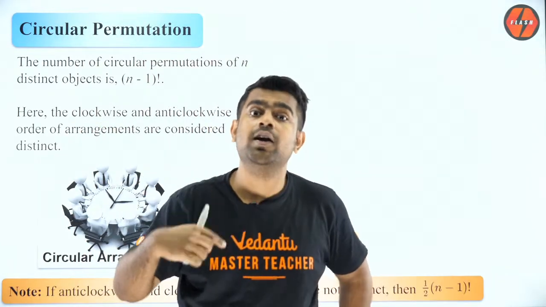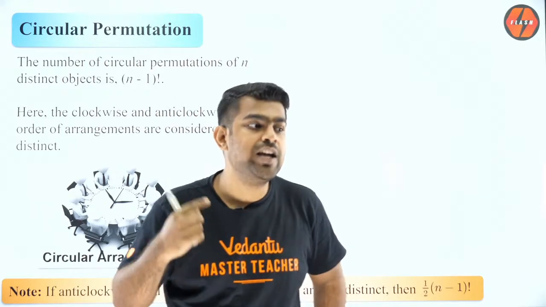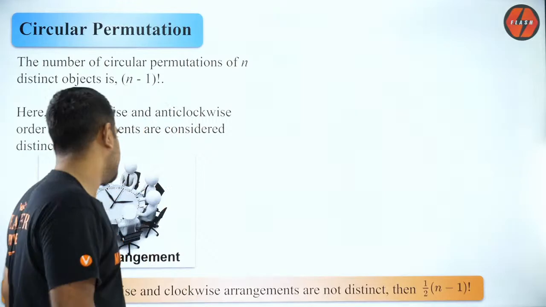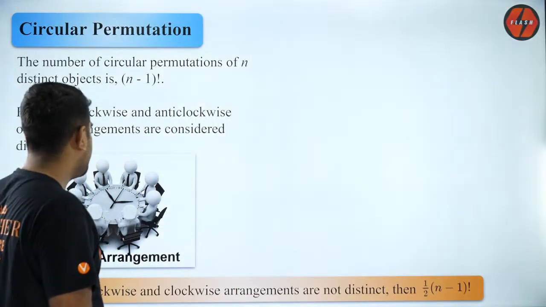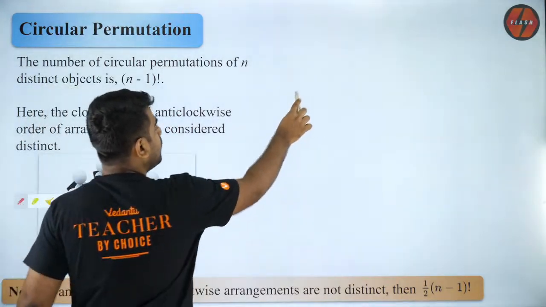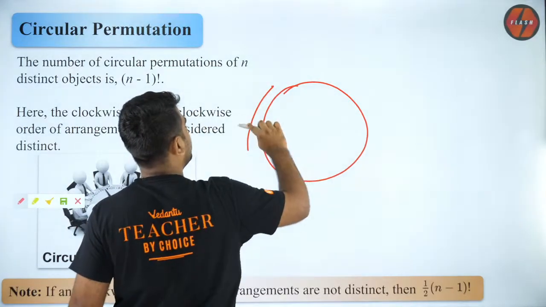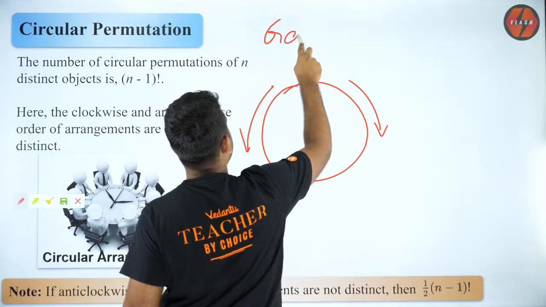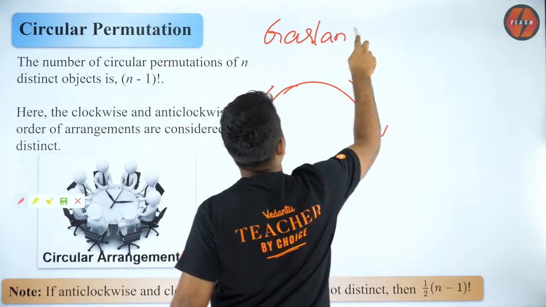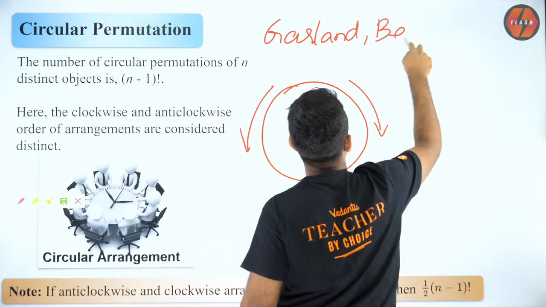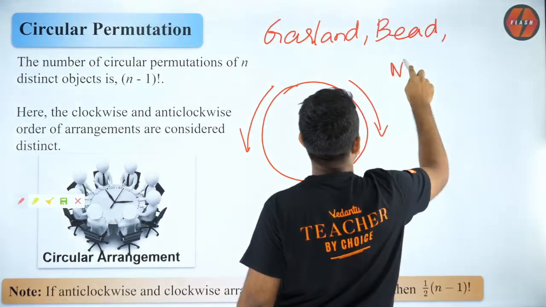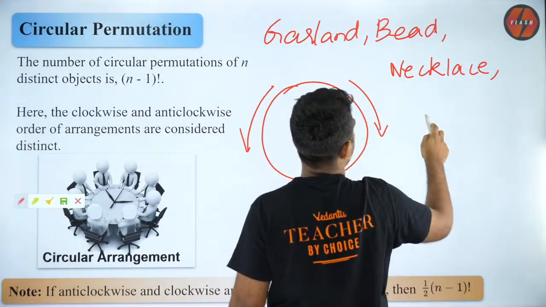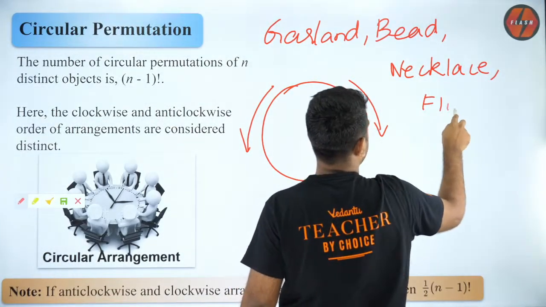But now, here also there is a twist. What is the twist? The twist is you can have clockwise and anti-clockwise arrangements to be the same. That can happen in the case of a garland, a bead, a necklace, or flowers.